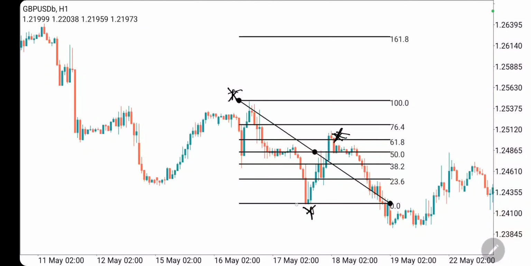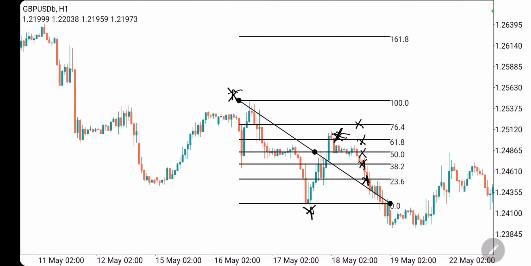So what am I supposed to do when I see that the market is retracing? I will not know the point, because the market can choose to retrace at 23.6, 38.2, 50, 61.8, or 76.4. How would you know that the market is going to retrace, or blast through and reverse?